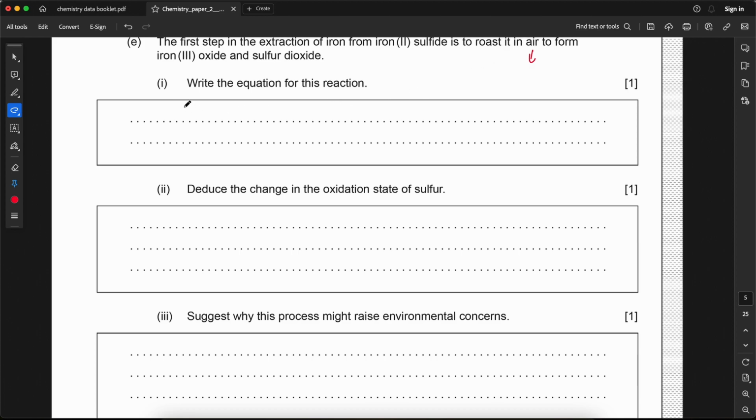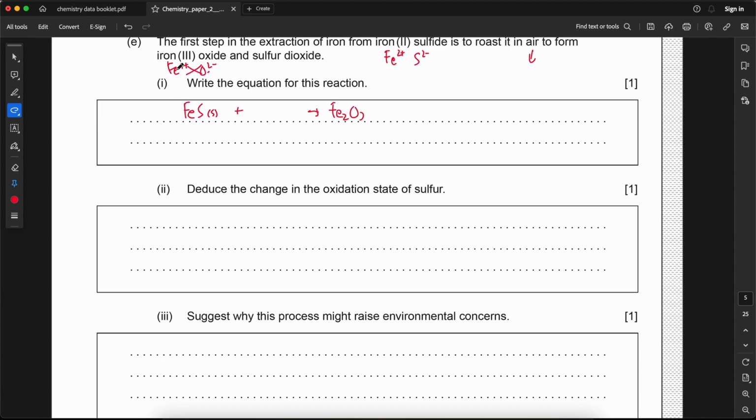So the equation would be FeS, solid, reacting with some gas in the air, to produce Fe2O3, because Fe2+ and S2- form Fe3+ and O2-.